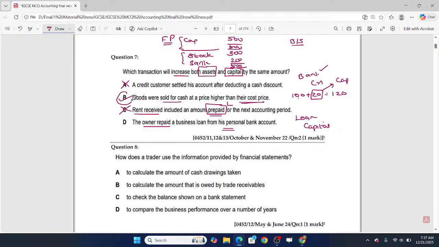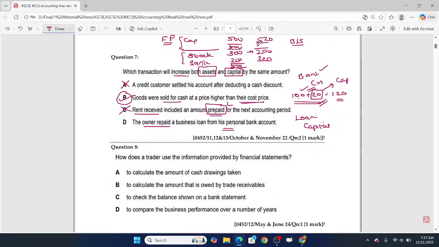Now I'm going to incorporate the transaction where goods were sold for cash at a price higher than cost. Because of the sales, stock will decrease by 100, so it becomes 200. Bank will increase by the amount we receive here, 200 plus 120, 320. And because of this transaction, that positive result will be added to the owner's capital, so it becomes 520.